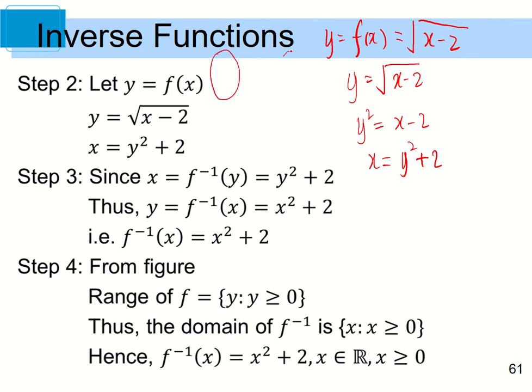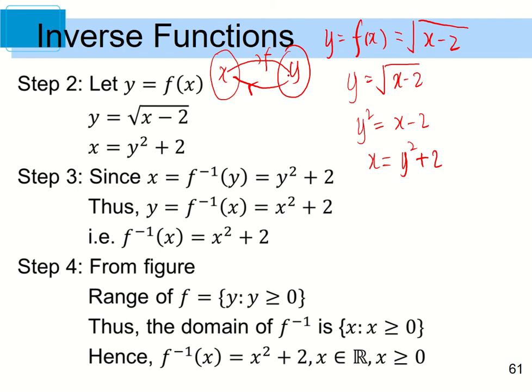Let's go back to the diagram to see what happened here. This is the x. After function f, we get the y. For the inverse function, we try to find the x when given the y as the input. So the y is the input, and we are looking for the x.